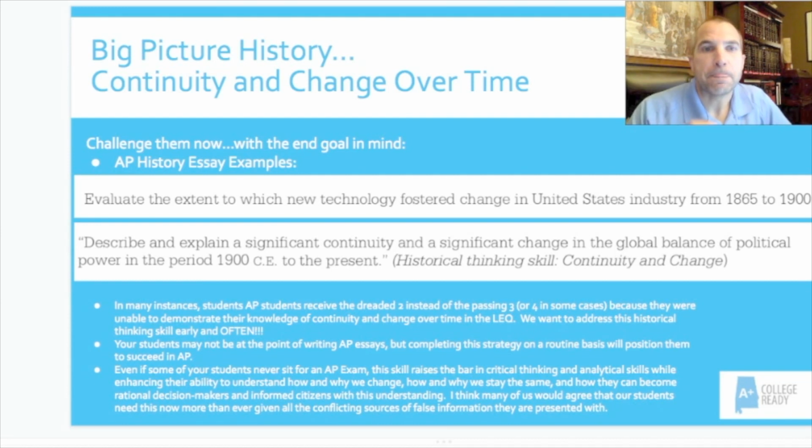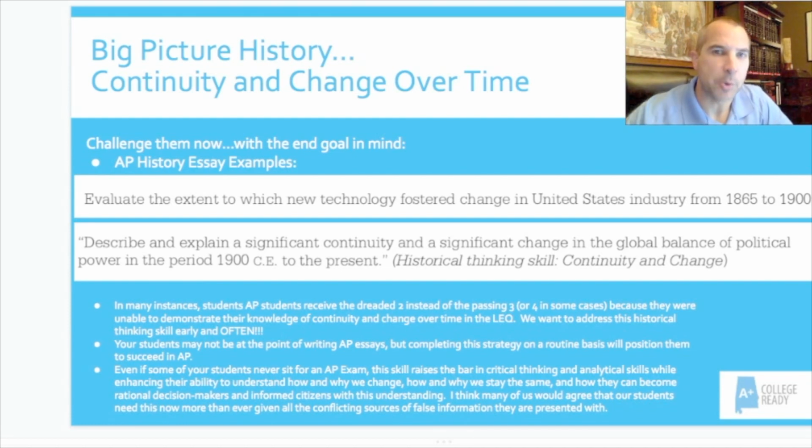Down the road, a lot of your students will sit for AP exams, and the AP exams, especially the LEQs, the long essay questions, will test this skill in other areas, even in multiple choice, but from time to time they'll get LEQs that really concentrate on the concept of continuity and change over time, or the historical thinking skill.